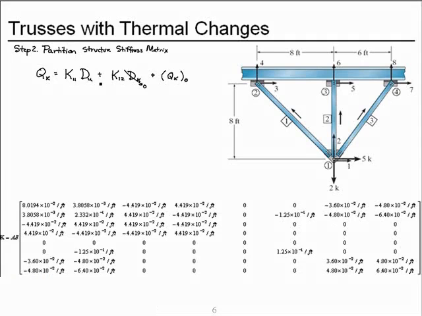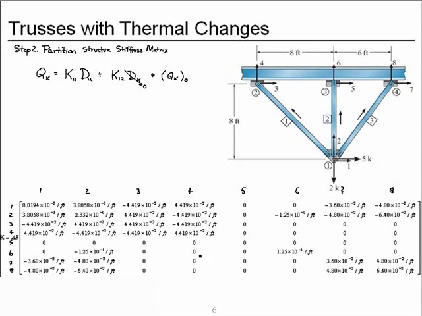And so the only portion of the structure stiffness matrix we'll need is K11, the degrees of freedom that are unconstrained. And the degrees of freedom are numbered 1, 2, 3, 4, 5, 6, 7, 8, and down the rows 1, 2, 3, 4, 5, 6, 7, 8.